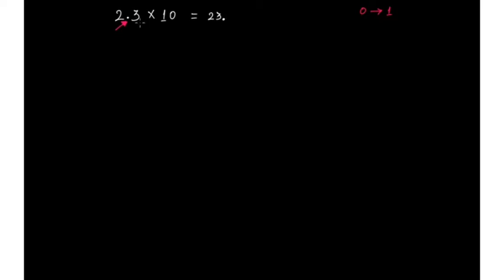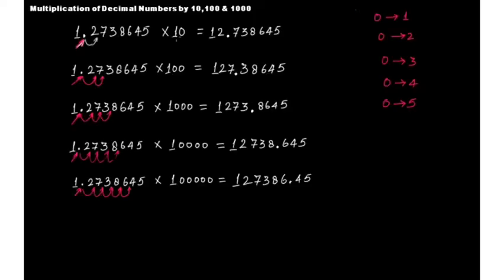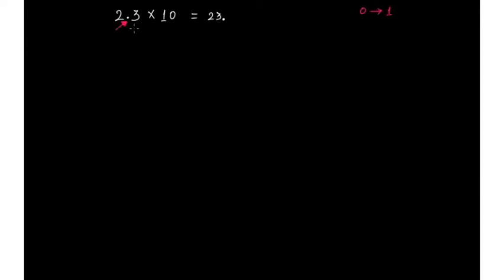Now you can clearly see that in these examples, when we were placing the decimal point, we had some digits after it. Like when the decimal point moved after 2, we had some digits. When the decimal point moved to the right of the 7, we had some digits. But in this case, we don't have any digit after 3. So what you will do? Put a 0 here.